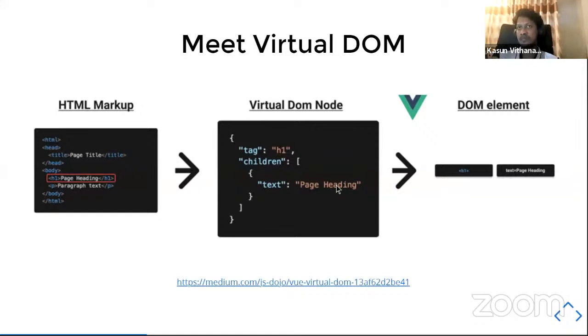They build the virtual DOM like this once you compile the application and load it into the browser. In simple words, it is a JavaScript object. Then I said that this corresponds to this element. So you have a mapping between the virtual DOM node and the DOM element.